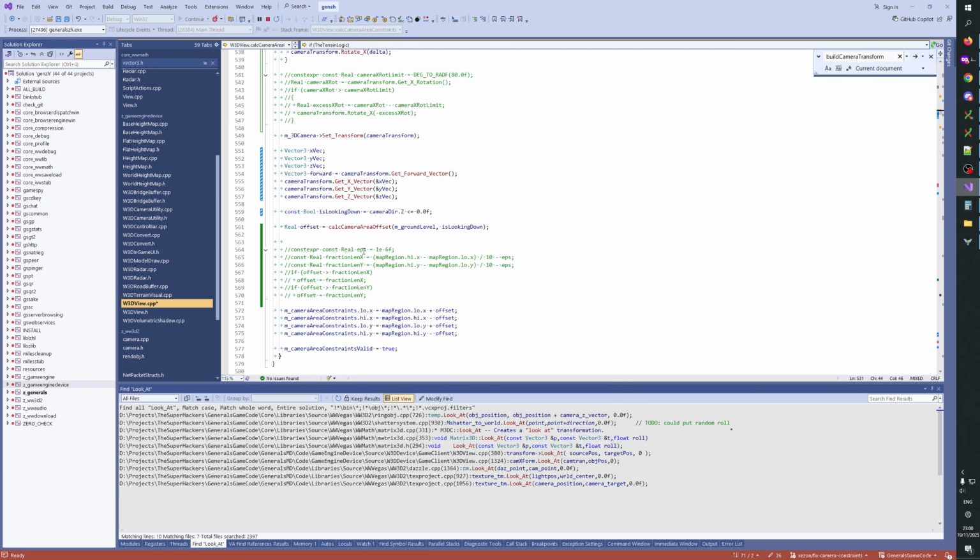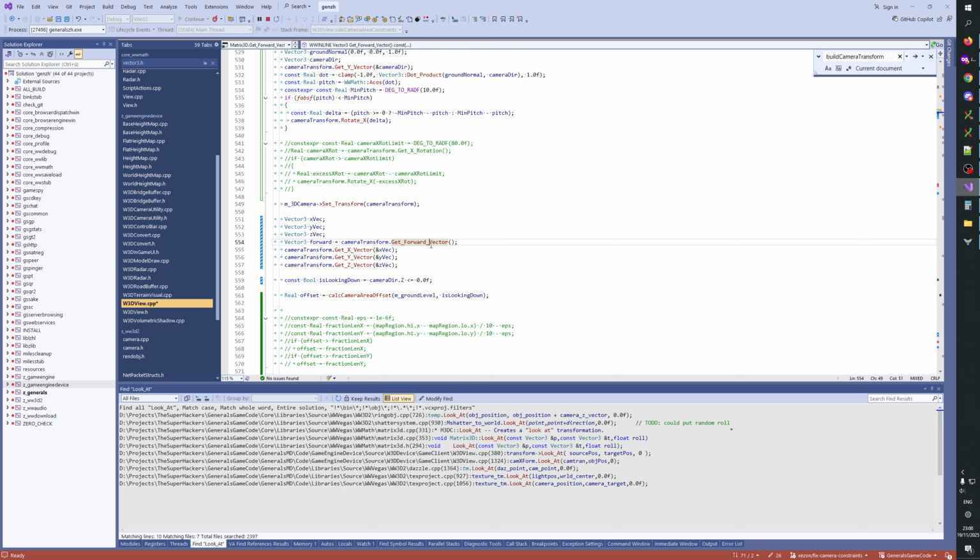Forward. So forward apparently is minus Z. Is that right? Forward Z.